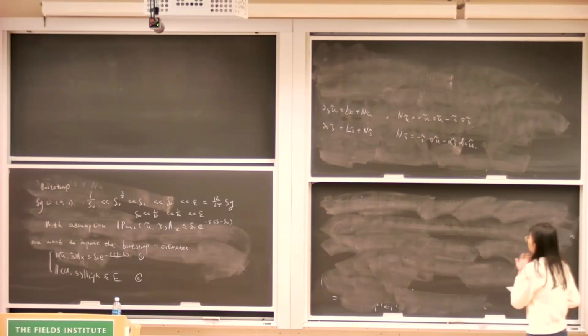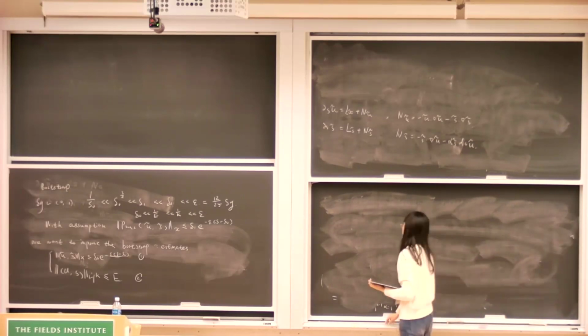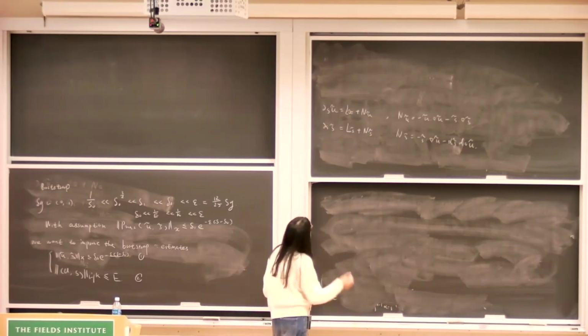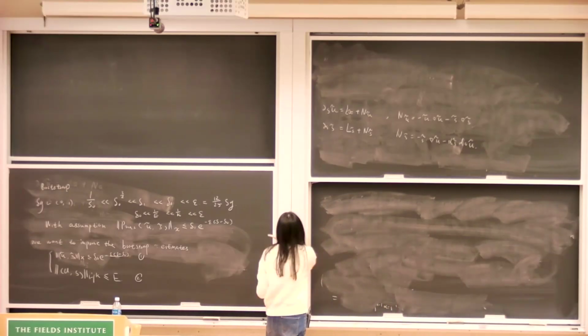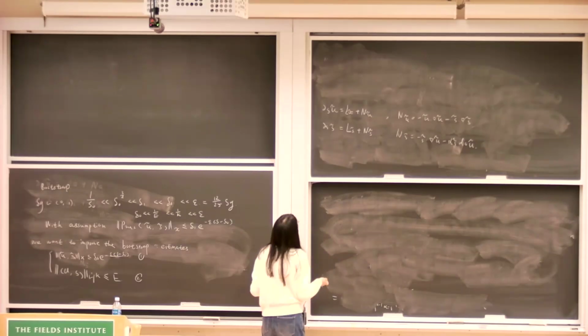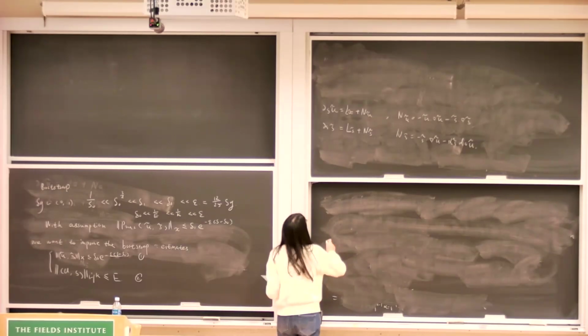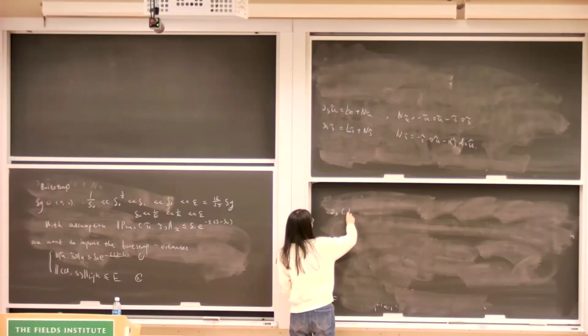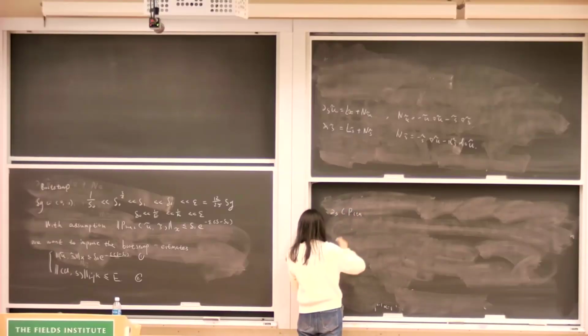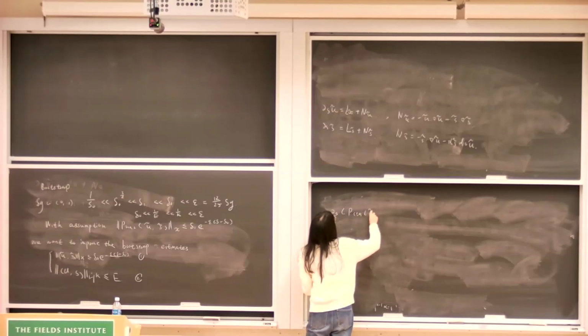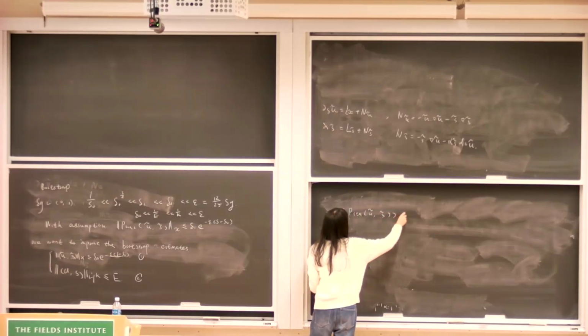We first want to control the stable mode, because the unstable mode, with the assumption, is good. So we just project onto the stable space: partial_S of P_stable applied to U tilde.